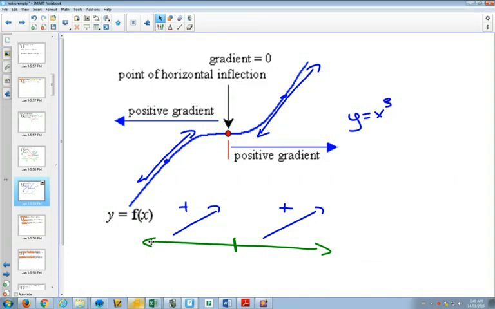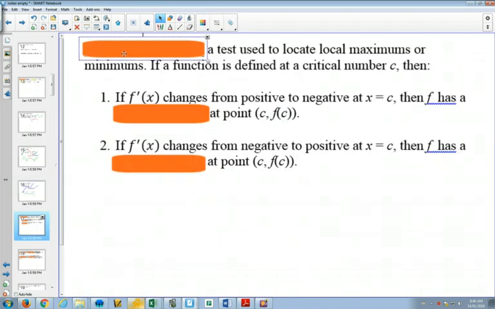So this little diagram that we've been drawing here, where we put our critical numbers on there and then check where it's increasing and decreasing, it has a name. We're going to call it the first derivative test.